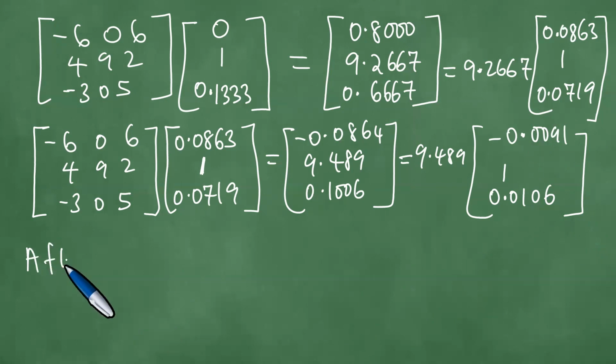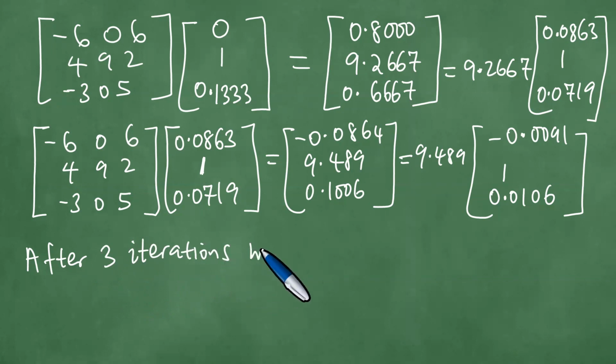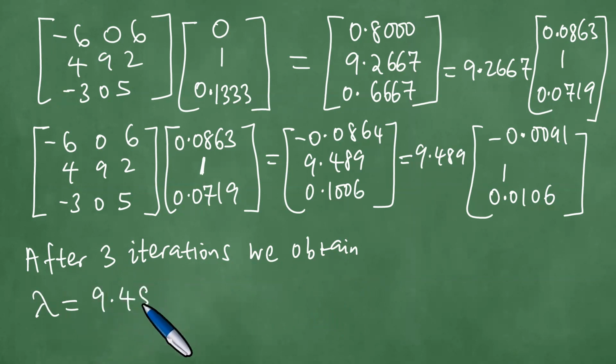After 3 iterations, we obtain this that sits here is the lambda. So you obtain lambda equals 9.489 x.